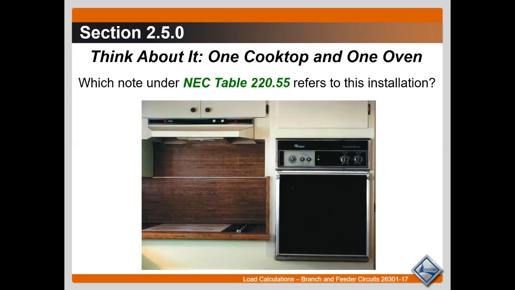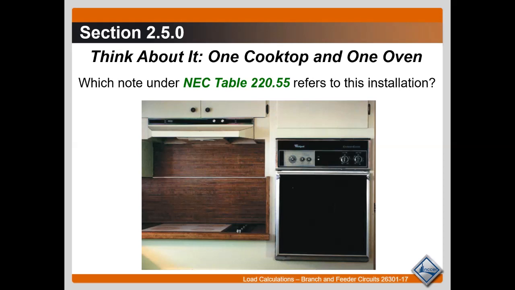So you take the 2 together and you add the current. The cooktop right there, we're going to say that cooktop's going to pull 15 amps because it's got 4 eyes on it. The oven right there is going to pull, we're going to just go ahead and say 5,000 watts.